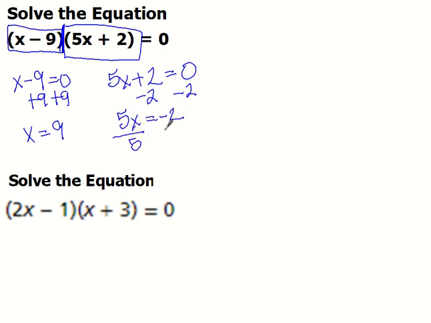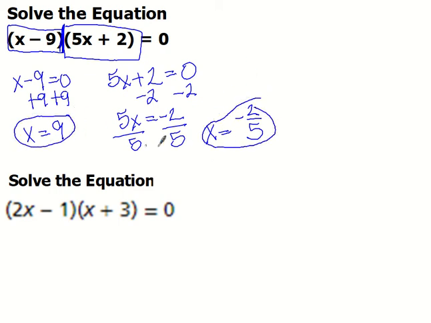We divide by 5, and we get x equals negative 2 over 5. So our two solutions, this does then tell me I have two solutions, are negative 2/5 and 9. That's where this graph would cross the x-axis. Okay, that's it. That's how you solve once it is factored.